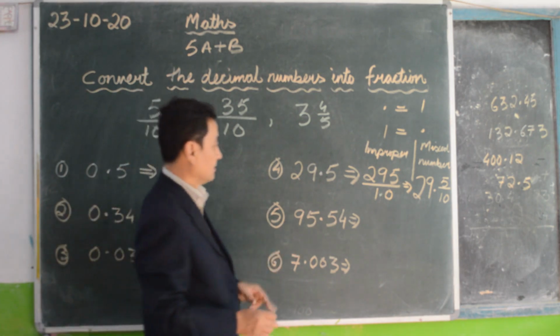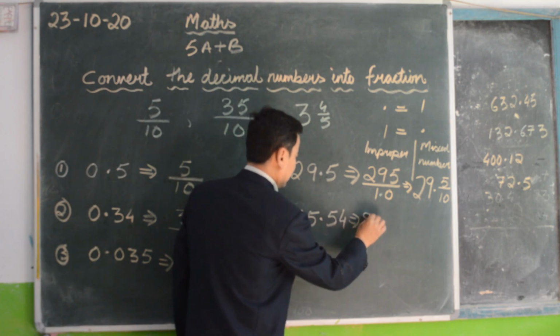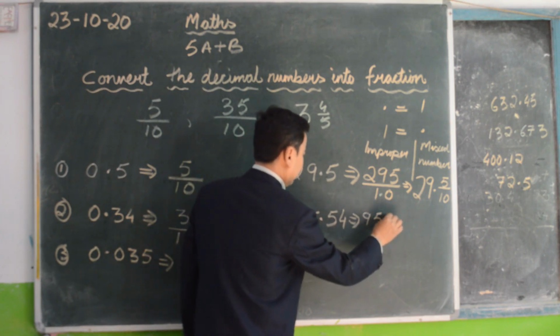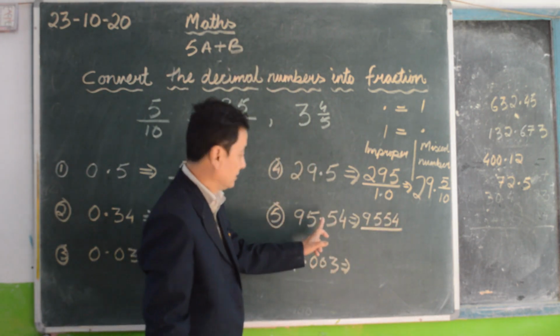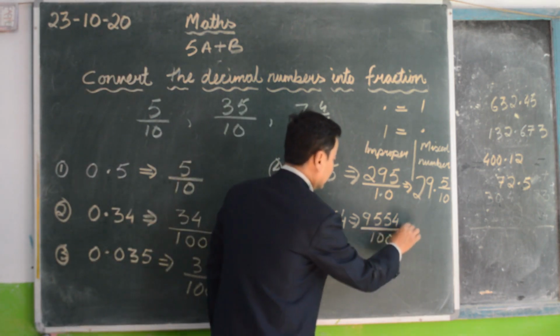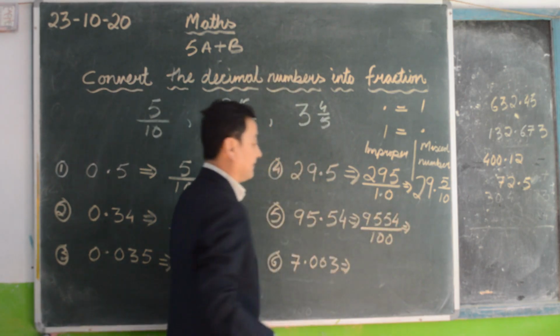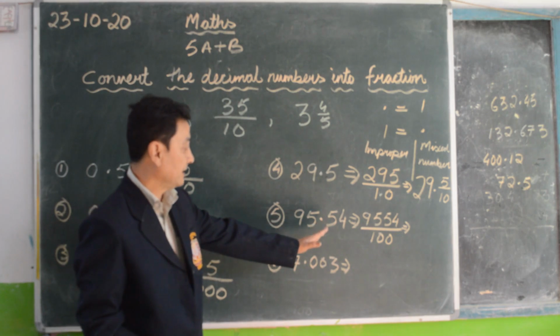So let's do this now. Okay, so we write 9, 5, 5, 4 upon, very good, 100. Now this is an improper fraction. Let's convert it into a mixed number. Ready?